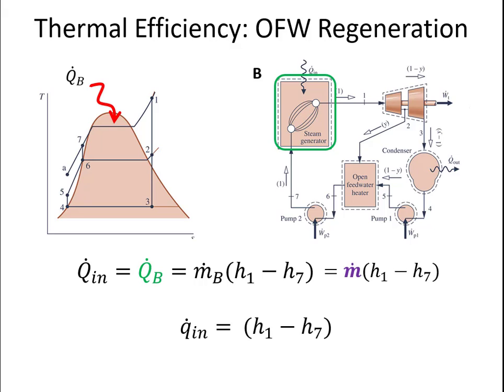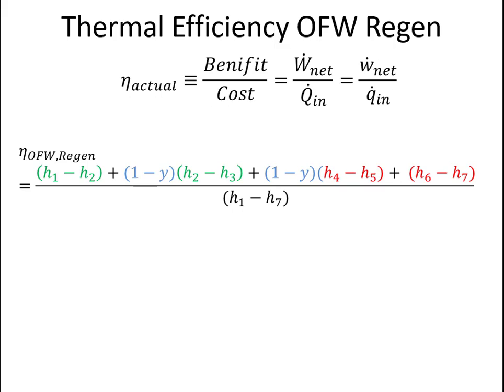So I get that little q in, heat per unit mass flowing through the system, is h1 minus h7. Now I can put all of this together to get a thermal efficiency for open feed water heaters that looks like this. I can use this same general process for any kind of regeneration system or a system that has regeneration and reheat. It's just that my equation gets longer and longer as I have more components.